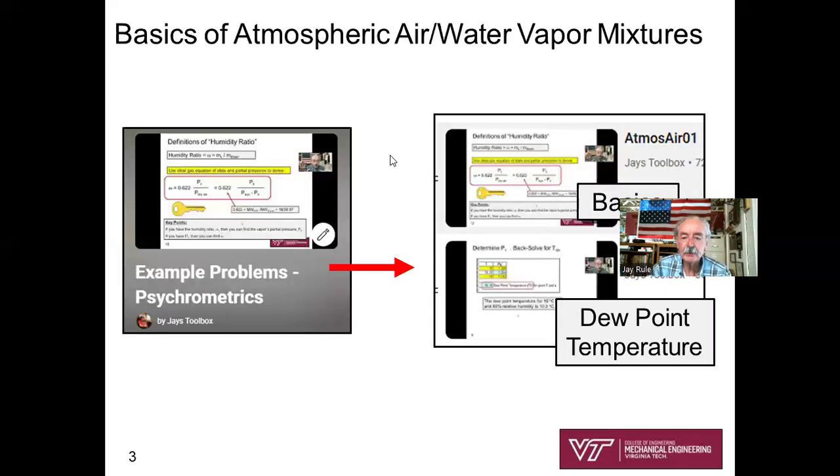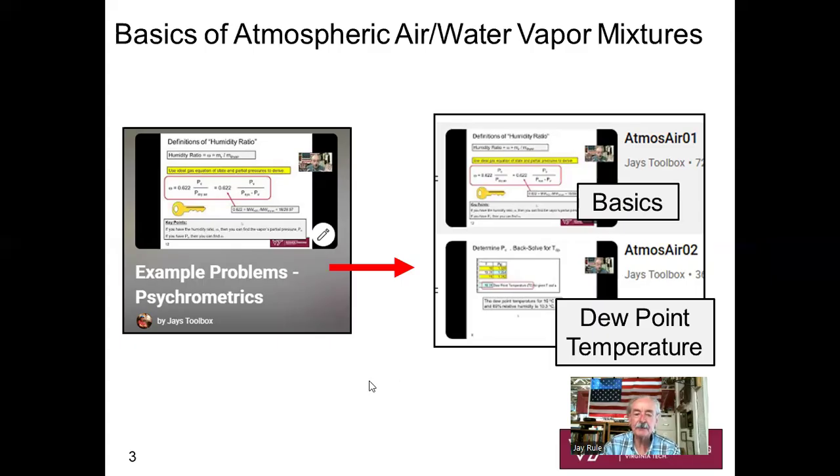If you want to get a little better feel for what's going on with psychrometric mixtures, of course, the psychrometric chart is going to apply to mixtures at 1 atmosphere. But if you can go in and do the detailed calculations, you can perform them at any ambient pressure.